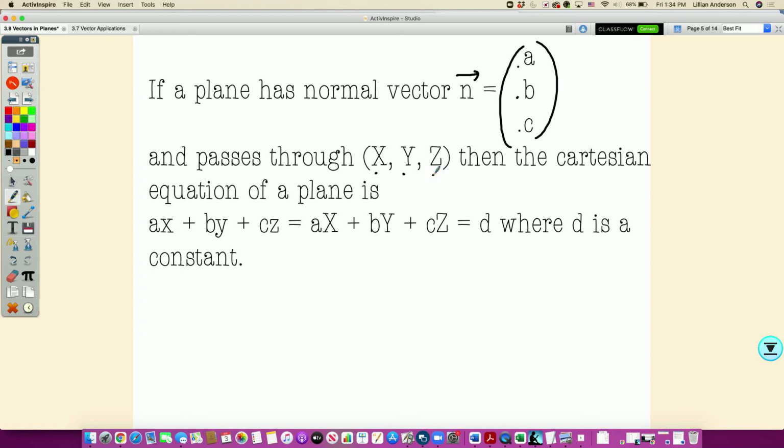So each component in the normal vector is multiplied by its respective point. Remember, the top goes with X, the middle one goes with Y, the last one goes with Z, and it will equal D, your constant. So these are all the formulas that you need to write your equations of vectors in the plane. We're going to look at some examples next.